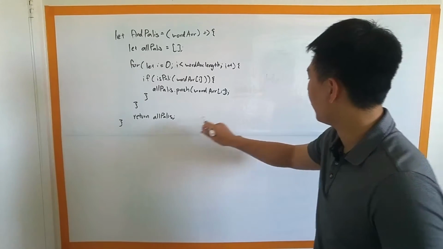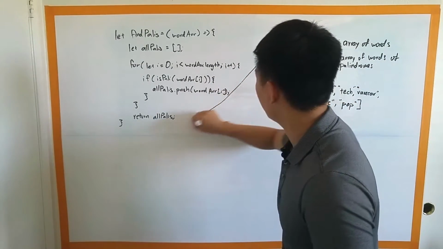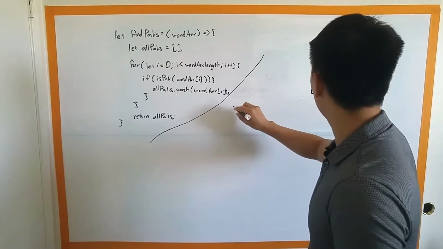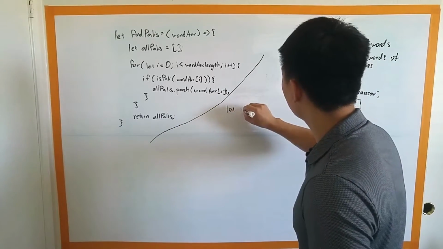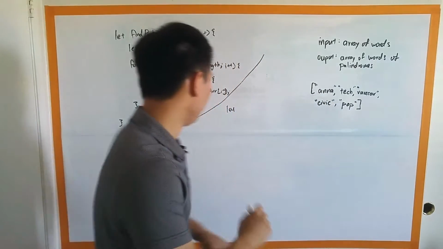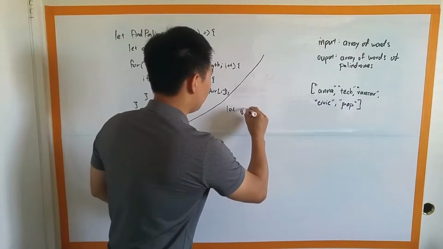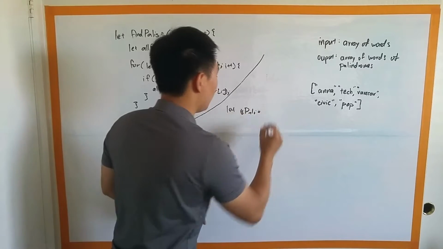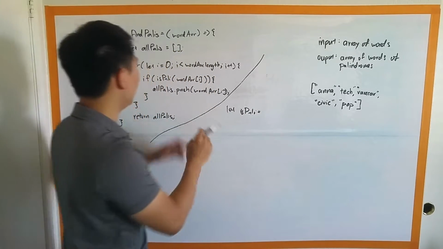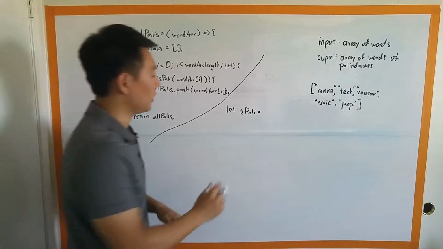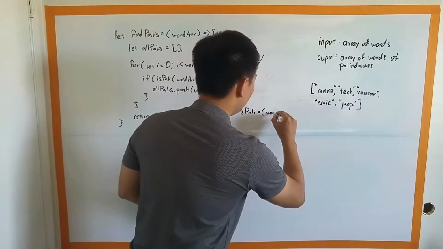And what we'll do is right over here. So we'll do let isPally. This one will take in a word, like we decided over here, and it'll return a Boolean. And so we'll just call it word.